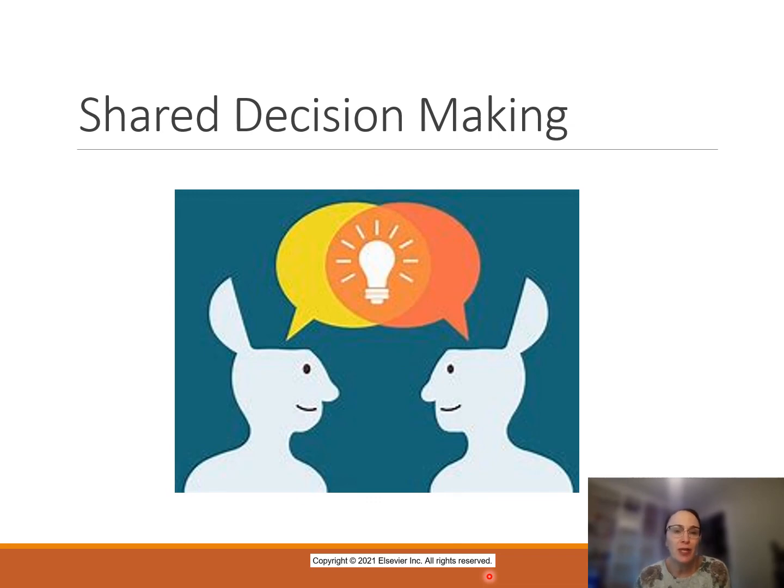I started doing this versus dictating to them and saying your A1C is too high, your blood sugars are too high. Now what I try to do is say, tell me what your goals for this visit are. Tell me what your goals for your diabetes are. Tell me what blood sugars you're comfortable with, and tell me what blood sugars terrify you. The answers you get are really interesting. And then you work around that.